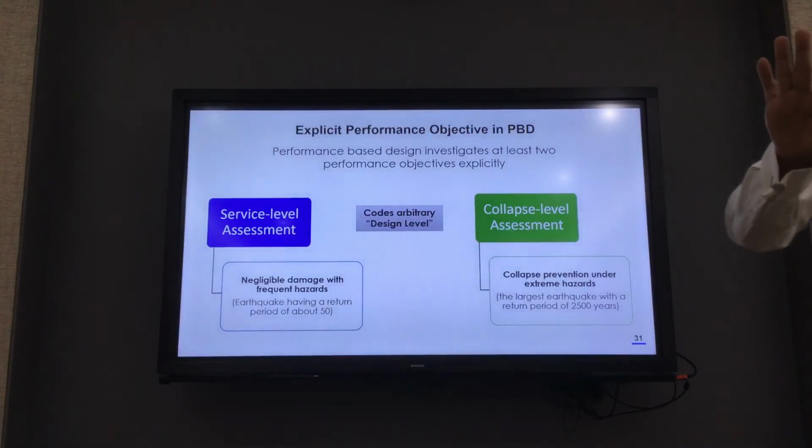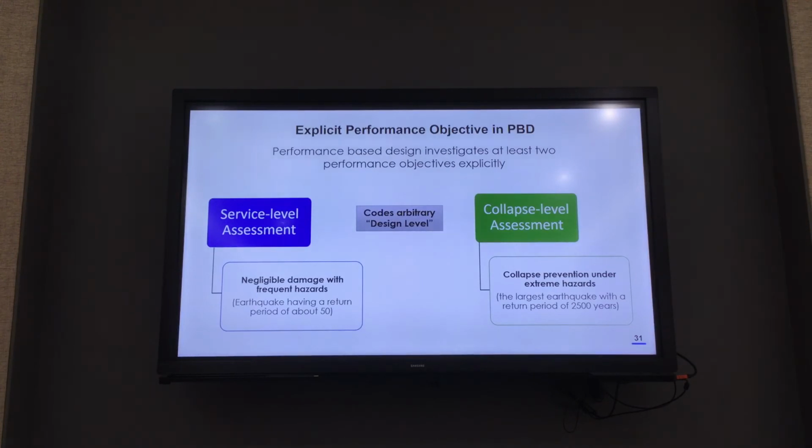Once these two levels are okay, there is no design level anymore. There is no need, because that corresponds to nothing. Correct? So if you ensure that normally the structure will be fine, and you also ensure that it will not fall down in extreme cases, then it's okay. Don't worry about the arbitrary design levels.